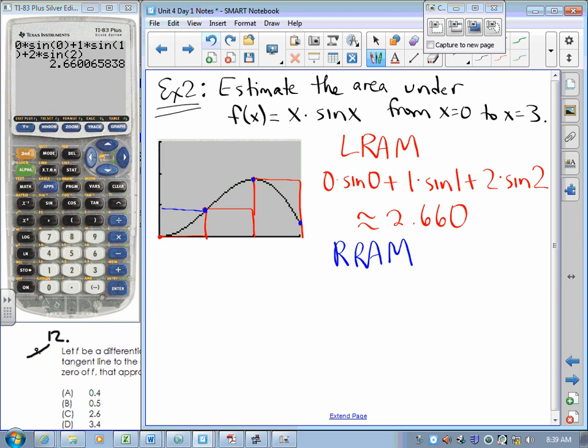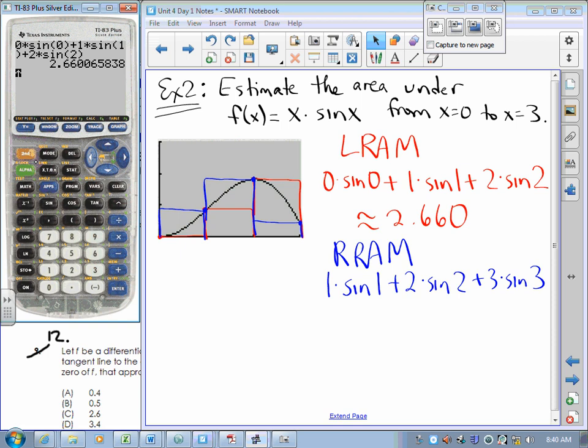And so we say from 0 to 1, we're going to use the height at 1. And from 1 to 2, we're going to use the height at 2. And from 2 to 3, we're going to use the height at 3. And so we get 1 times sine 1 plus 2 times sine 2 plus 3 times sine 3. And we go ask our calculator what that looks like. And our calculator tells us 3.083.